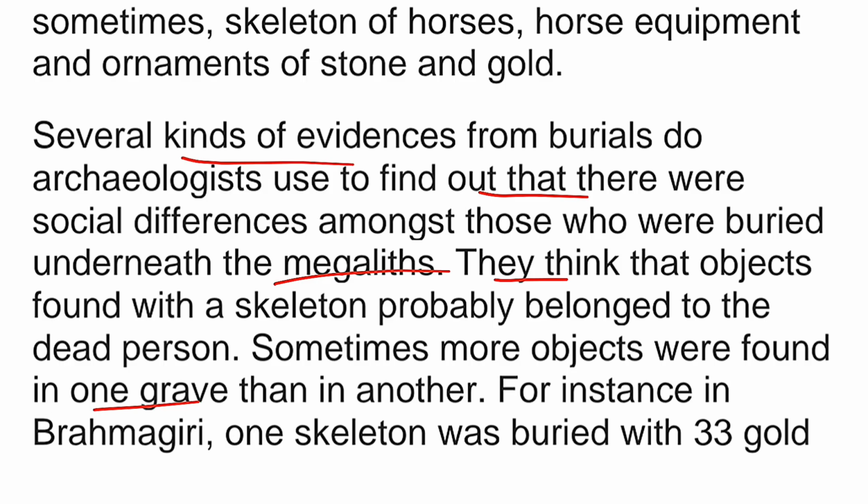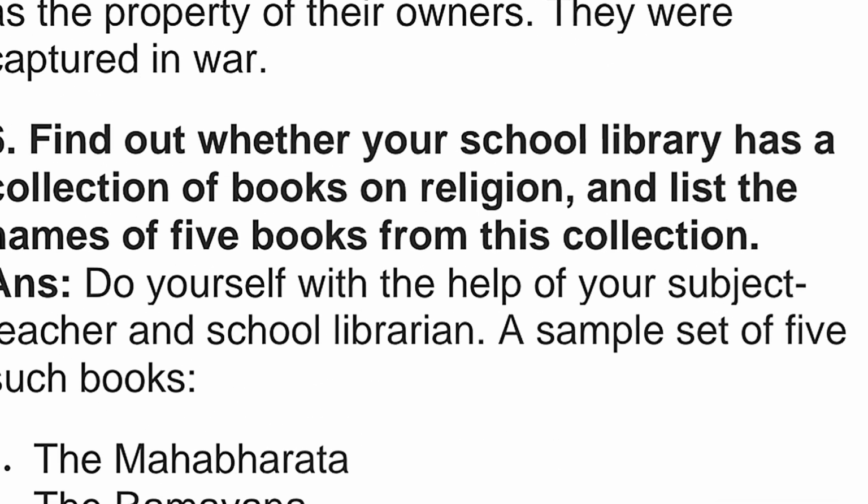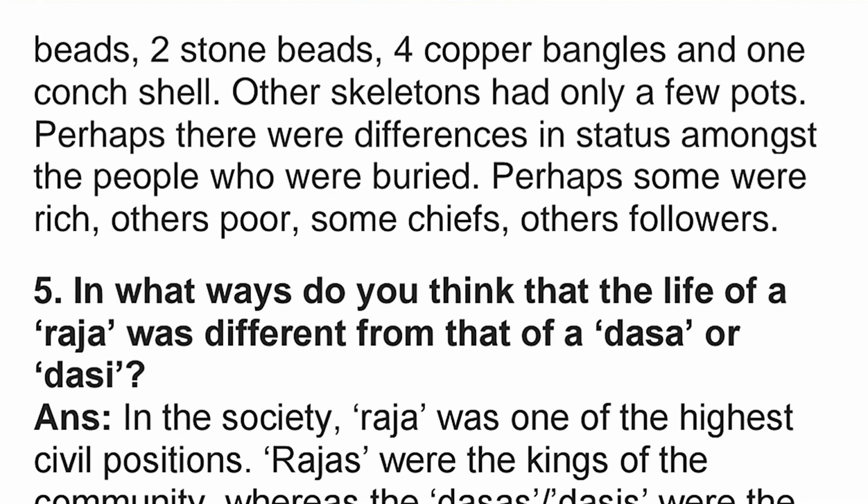For instance, in Brahmagiri, one skeleton was buried with 33 gold beads, 2 stone beads, 4 copper bangles and 1 conch shell. Other skeletons had only a few pots. Perhaps there were differences in the status amongst the people who were buried. Perhaps some were rich, others poor, and some chiefs, others followers.